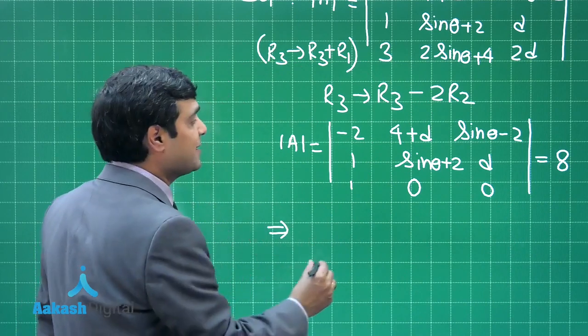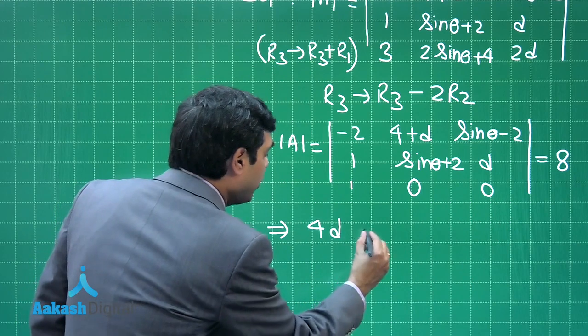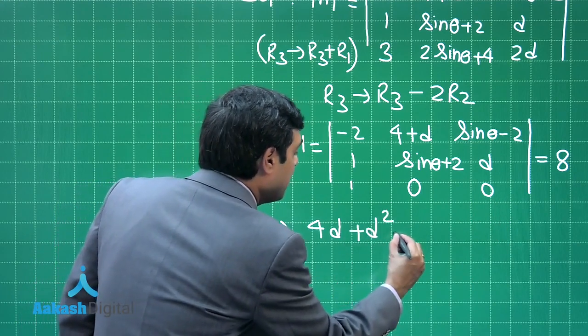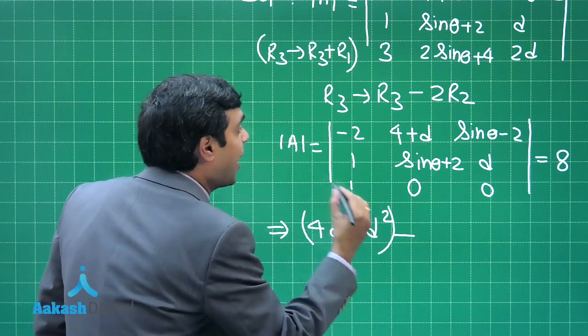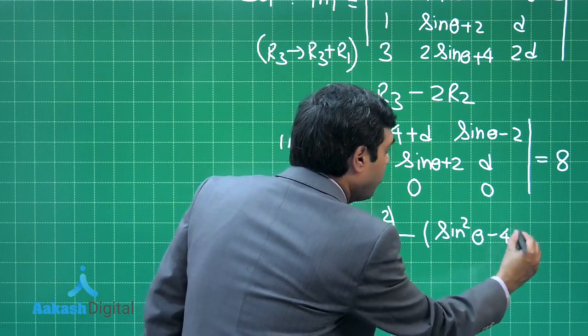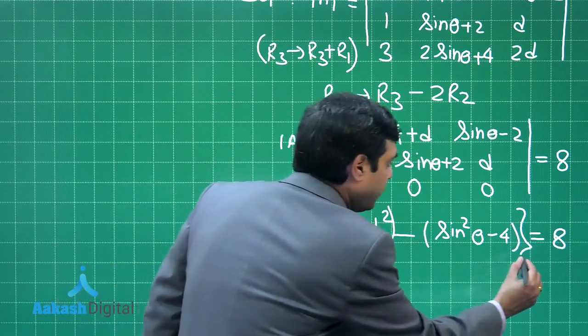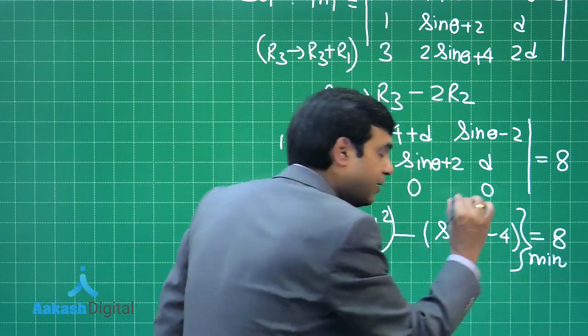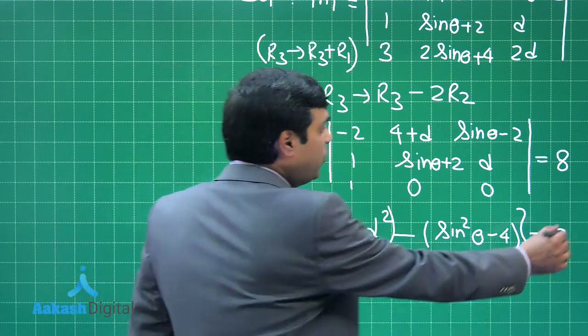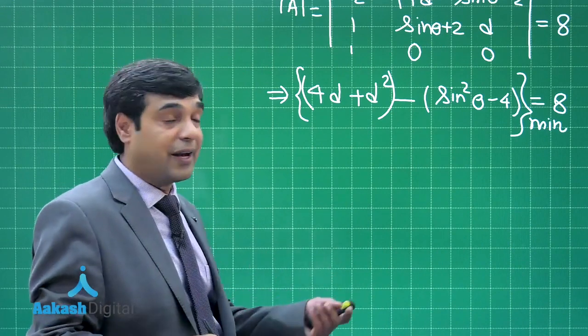On expanding, we can see 1 multiplied with 4d plus d square first term minus sin square theta minus 4 is equal to 8 as its minimum value. This is clear. Now when you have the minimum value of it as 8, let's see what we are getting here.